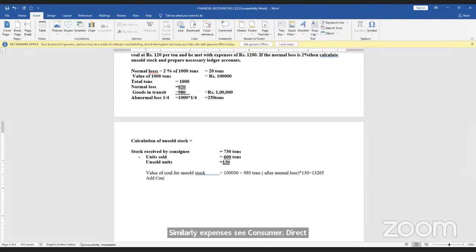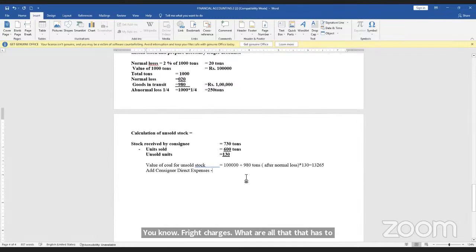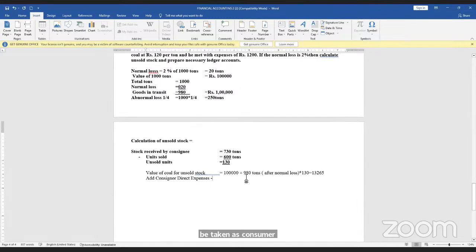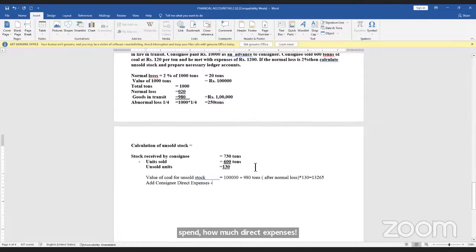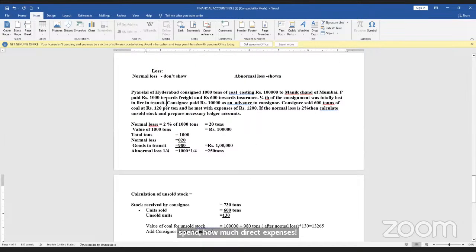See, the consignor's direct expenses. What are the direct expenses of a consignor here? Freight charges, whatever are there, have to be taken as consignor direct expenses. So how much did he spend? The consignor spent 1,000 rupees towards freight and 600 towards insurance.